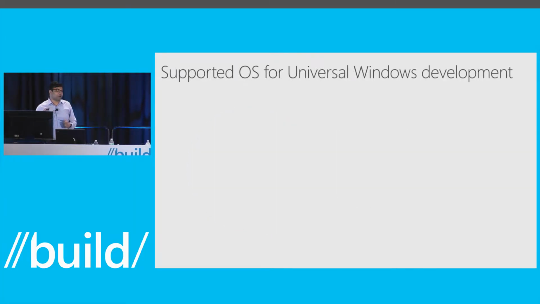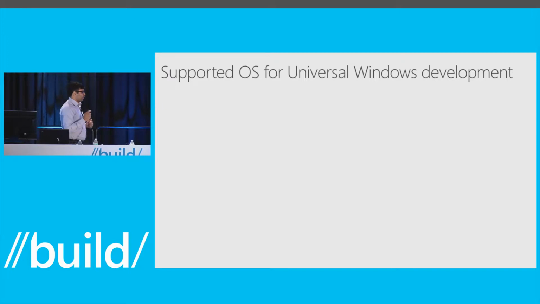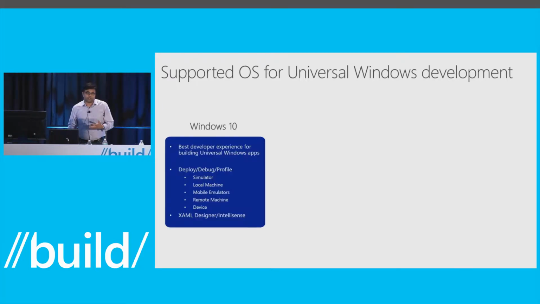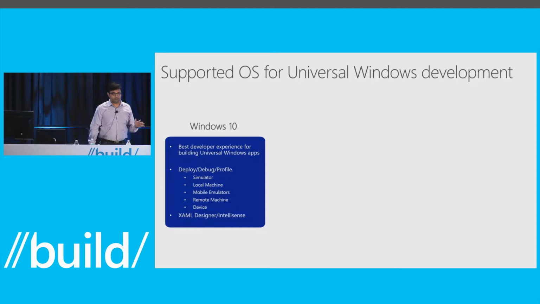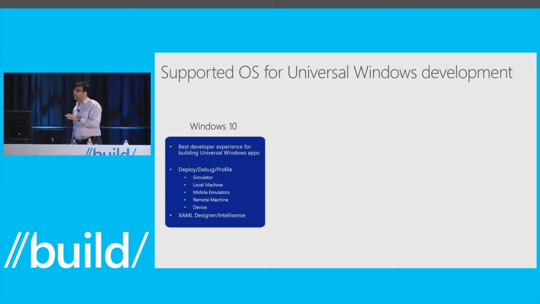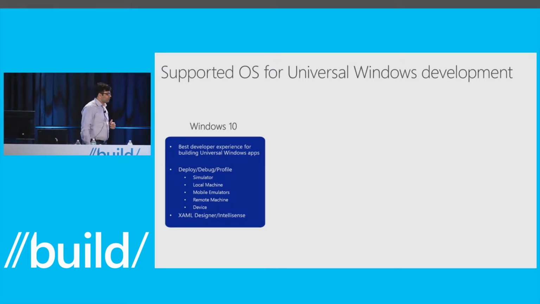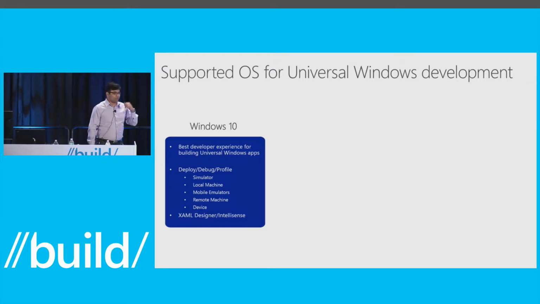So let's now talk about the supported OS for Universal Windows development. From the Visual Studio perspective, we always want our developers to be running on the highest version of Windows to get the best developer experience. So if you want to build a Universal Windows app, we encourage you to use the latest Windows 10 Flight and install the tools. When you are running on Windows 10, you can use any of these deployment targets.